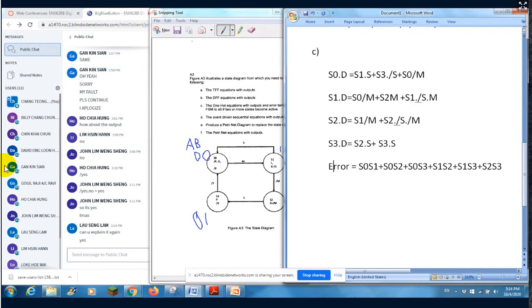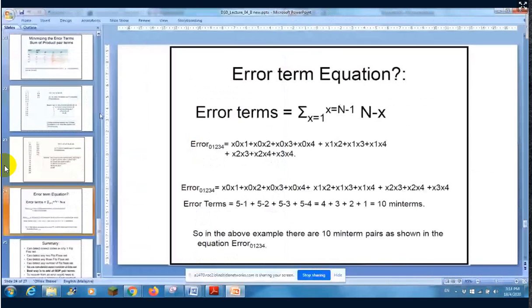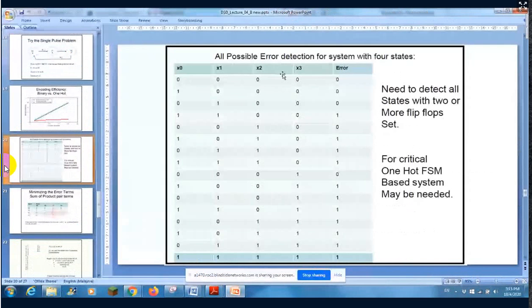Okay. If you still remember the notes, you still remember all the possible error detection. So let's say this is the S0, S1, S2, S3. For one hot, the definition of one hot is that at any time you only have one flip-flop set to one.